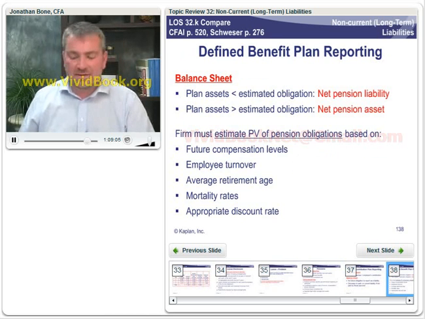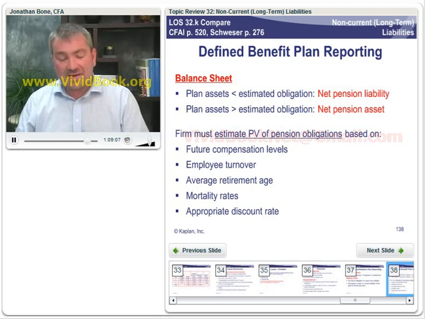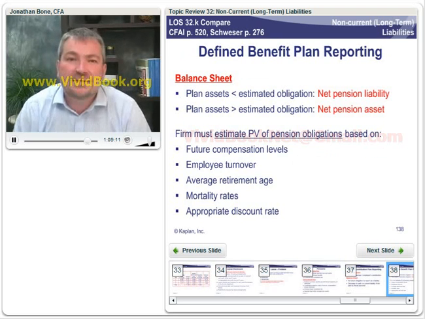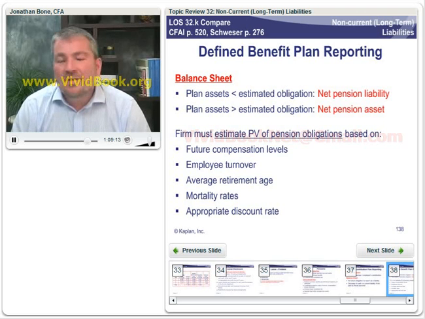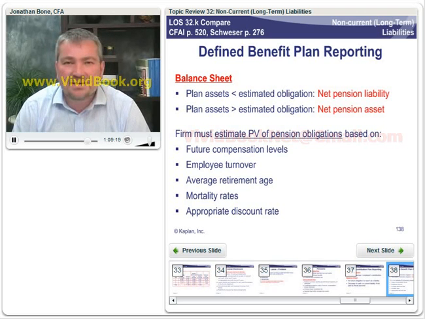Now let's turn our attention to defined benefit. This is where things get a little bit more complicated. Okay, now what's going to appear in the balance sheet? We're going to see in the balance sheet something called funded status. Now, the funded status is the difference between the fair value of the plan assets and the present value of the payments that will be made to the retirees on their retirement.